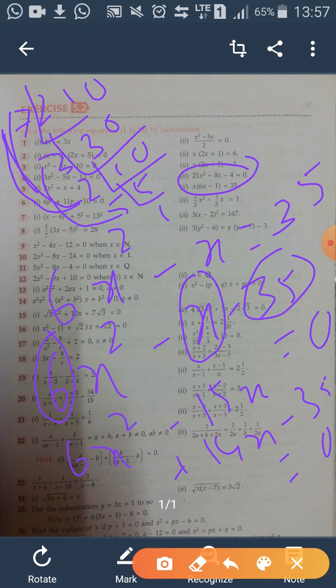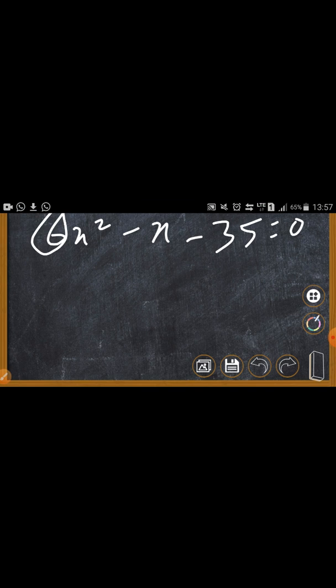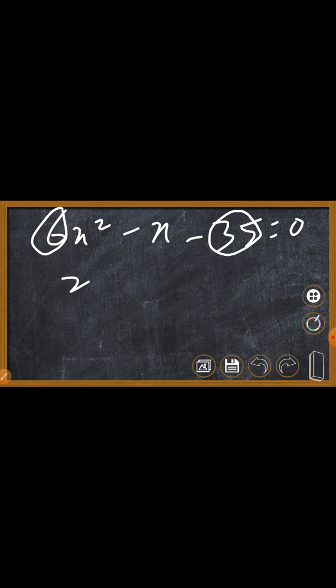Okay, so and even after this I would like to solve this quadratic equation with 6x square minus x minus 35. So 6x square minus x, was it minus 35 or plus 35? Yes, minus 35 is equal to 0. So first I multiply this 6 and 35, for which I get 210.